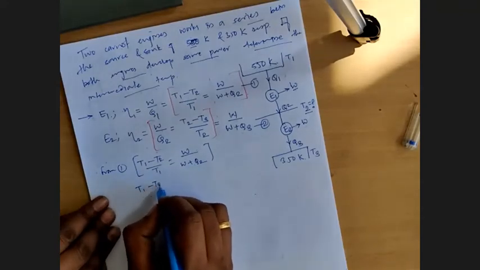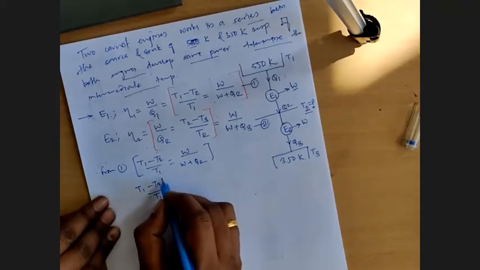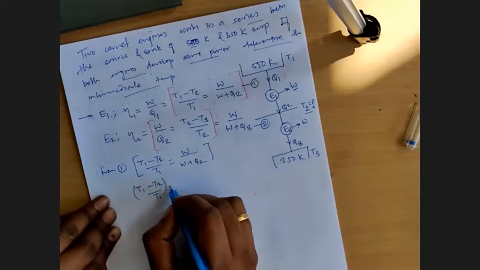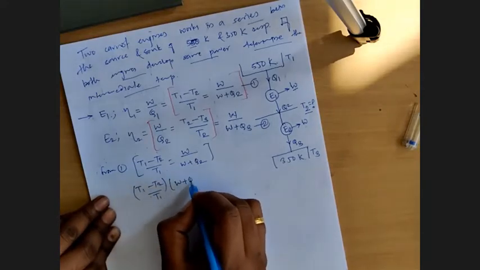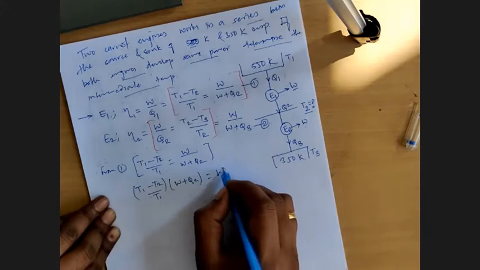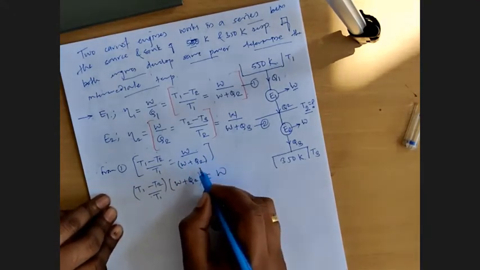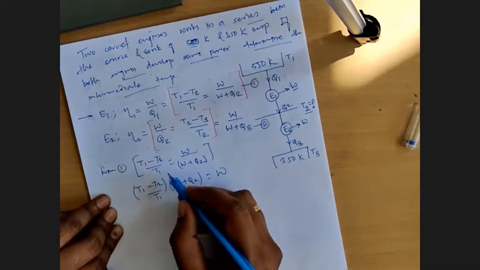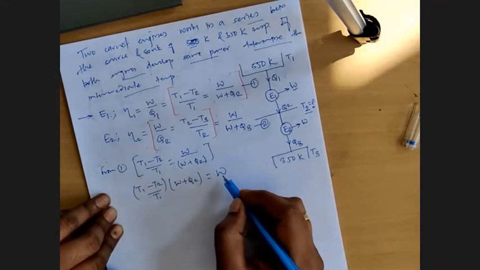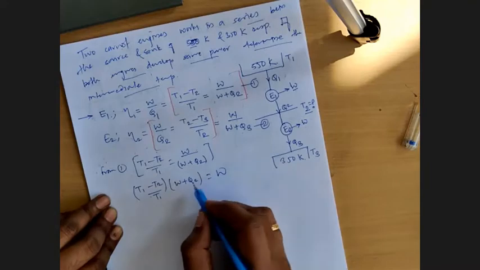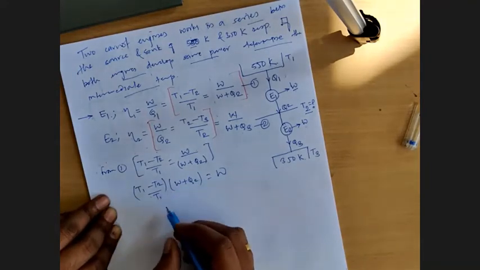T1 minus T2 by T1 into W plus Q2 is equal to W. What I have done, I have shifted this W plus Q2 to the left. So on the other side, I will get only W. Now let's multiply those two brackets.